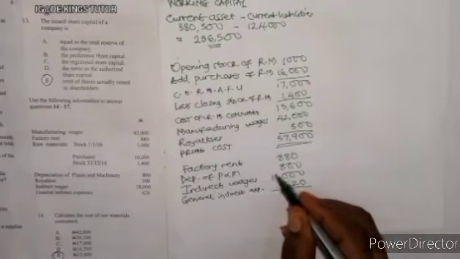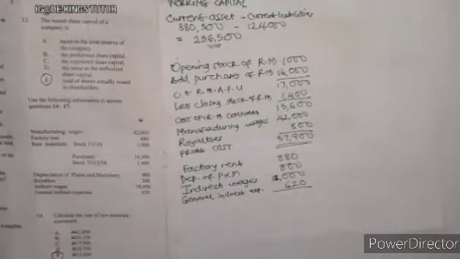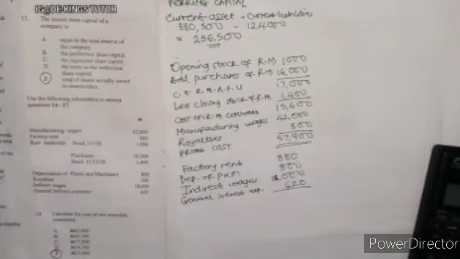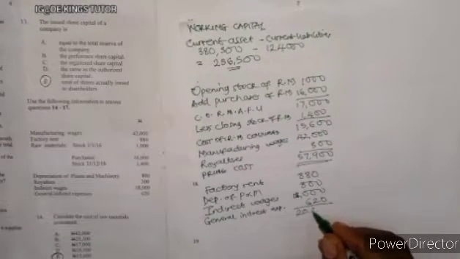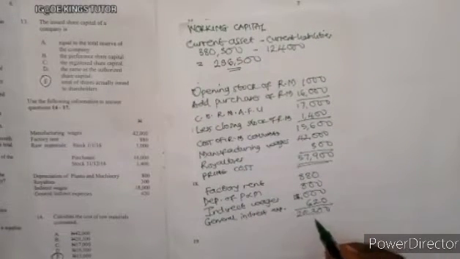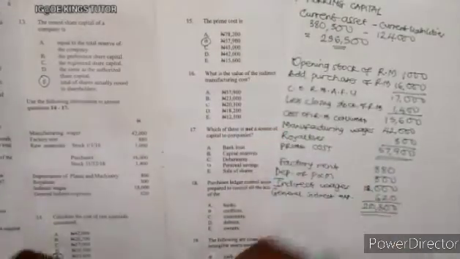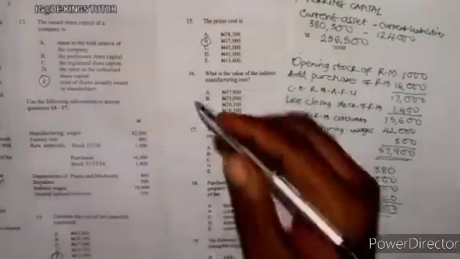When you add this up, 880 plus 800 plus 18,000 plus 620 gives you 20,300. We check here, 20,300 is here. That is option C.